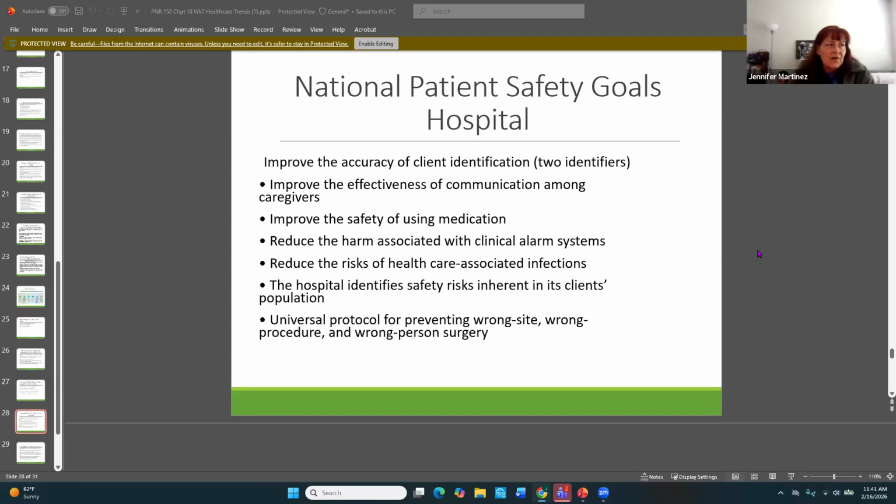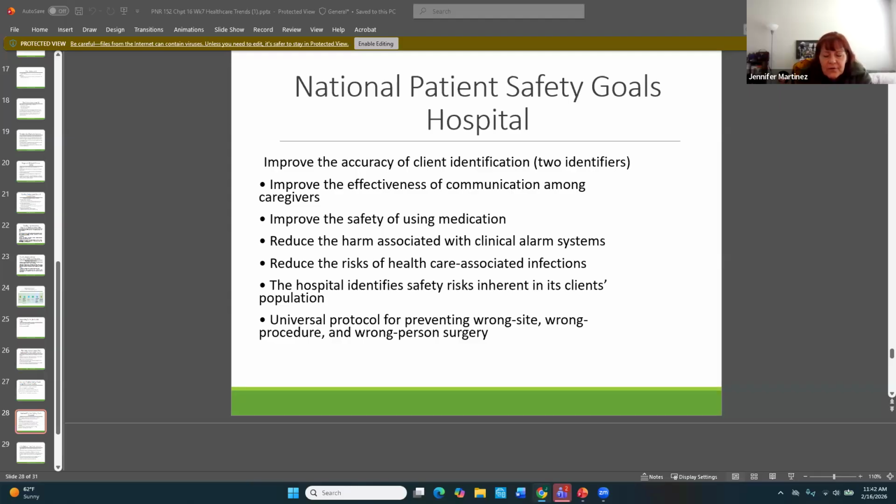We talked about these. The universal protocol for preventing wrong site, wrong procedure, and wrong person surgery. Has anybody heard of this before? Going into a surgery, they'll do a timeout process.